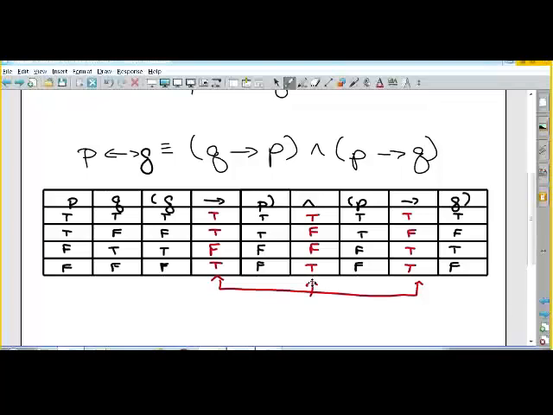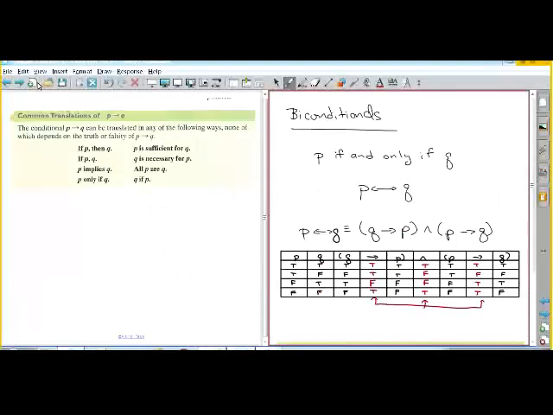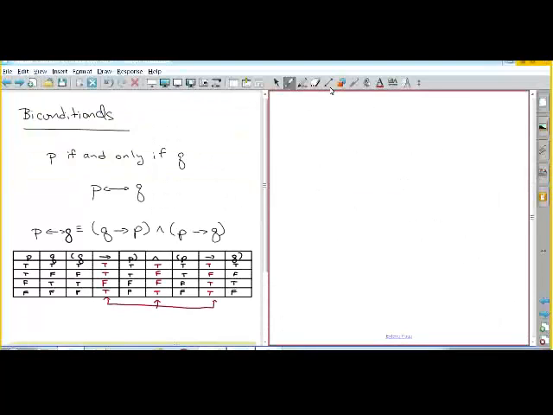I looked up online for an example of a biconditional statement, and everybody seems to use the same example, so it seems like I should use the same example. It has to do with geometry.